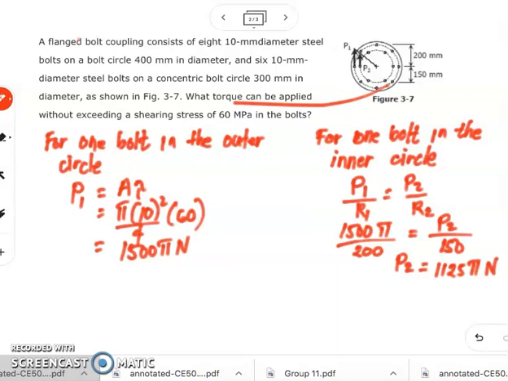From that, we can now have the solution for our torque, which is our unknown. We simply have to sum up the torque for the outer circle and the torque on the inner circle. So for the torque capacity of our given problem, T is equal to P sub 1 R sub 1 times N sub 1 plus P sub 2 R sub 2 times N sub 2.